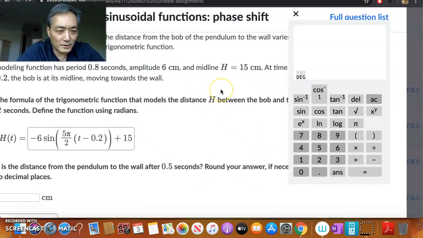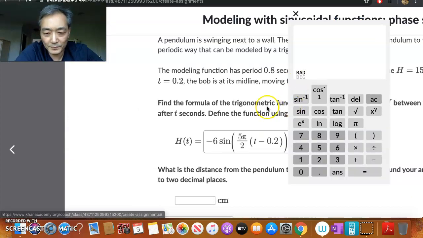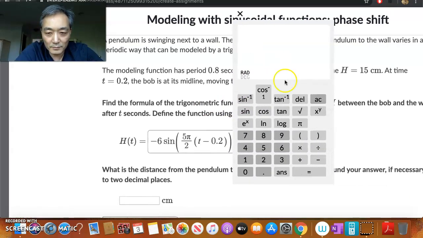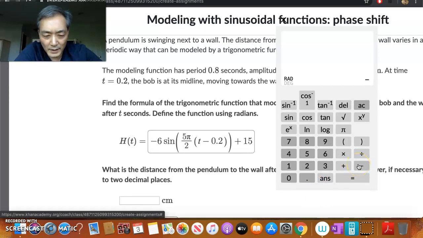All right, so let's type it in. We're in degrees, so let's put it on radian. They want it on radian. Okay, so we can see it. So it's going to be -6. Is there a separate negative button here? There isn't, right? So we'll just use minus. -6 sine parentheses, and we'll do 5 pi over 2.